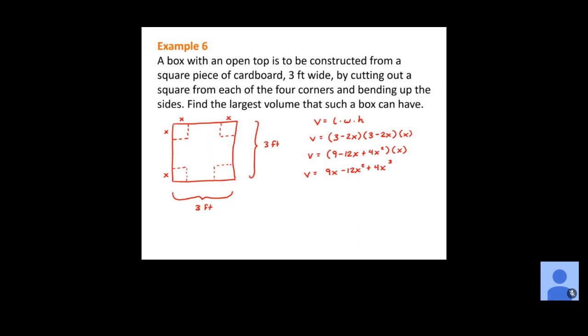All right, now that we know that volume formula, what do we need to do at that point? Good. Now we can take the derivative because we're trying to find the maximum volume. So if we take the first derivative here, just using your power rule, it's going to give us 9 minus 24x plus 12x squared.